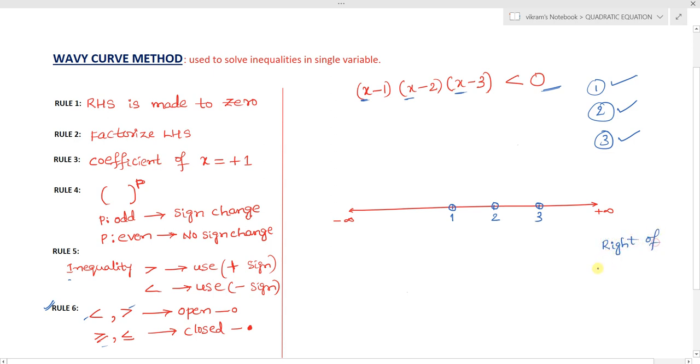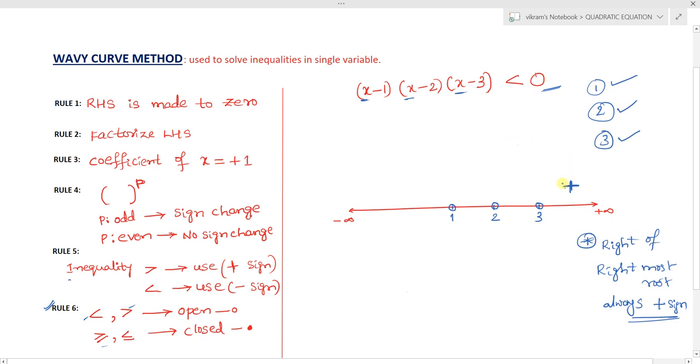The rightmost root is 3, and to the right of it the sign is always plus. Right of the rightmost root is always represented with a plus sign, which is an important point.